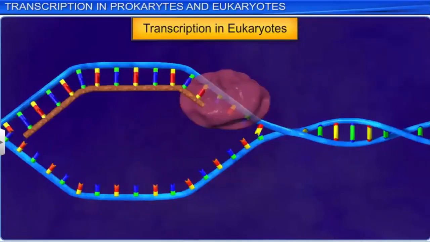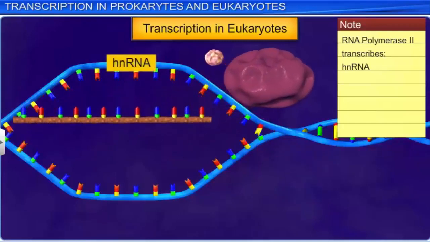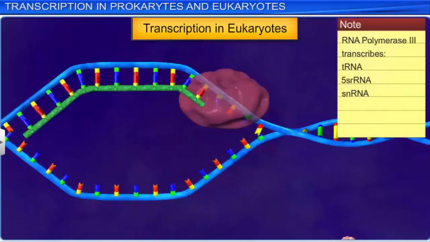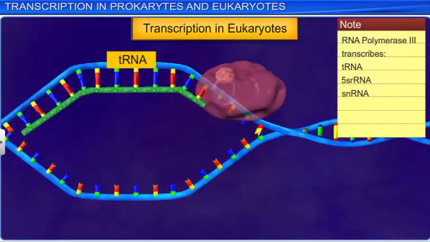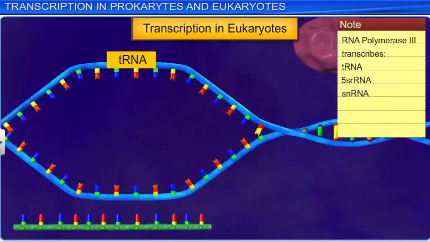On the other hand, RNA polymerase 2 transcribes the precursor of mRNA, known as heterogeneous nuclear RNA or hnRNA. RNA polymerase 3 is responsible for the transcription of tRNA, 5' subunit ribosomal RNA or 5S rRNA, and small nuclear RNA or snRNA.